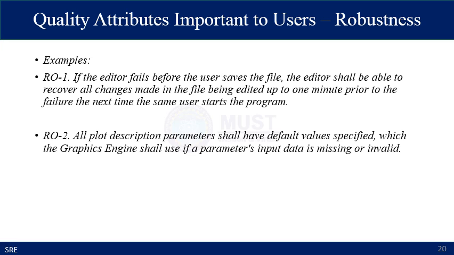The first requirement states that whenever you are saving a file in a program and you accidentally close your program, or the system shuts down the program with some error, the user should be able to revive those files that have been continuously saved.